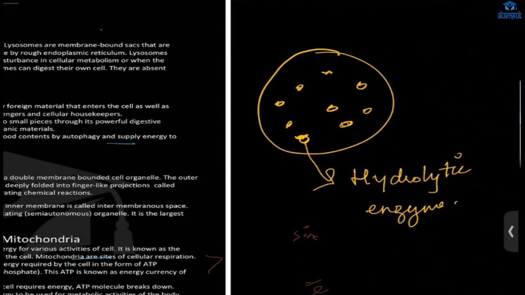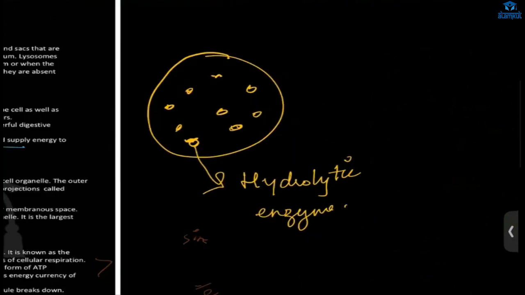Why? Because if the cell gets damaged, the lysosome uses its own digestive enzymes to digest the cell. When the cell gets damaged, the lysosome uses the enzymes present in it and the cell slowly gets digested.